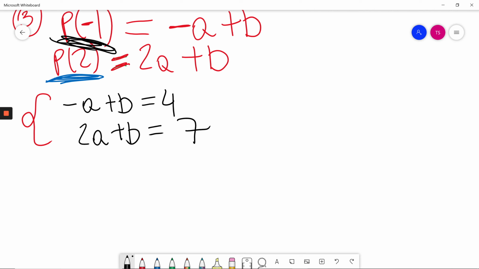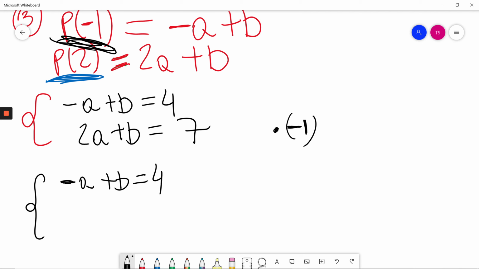I have plus b in both of them, so I want to have negative b in the second one, let's say. I will multiply everything by negative 1 in the second equation. So minus a plus b is equal to 4. I will copy this one, and I will multiply by negative 1 the second one. Minus 2a minus b is equal to negative 7.